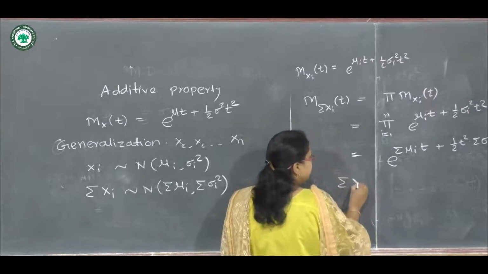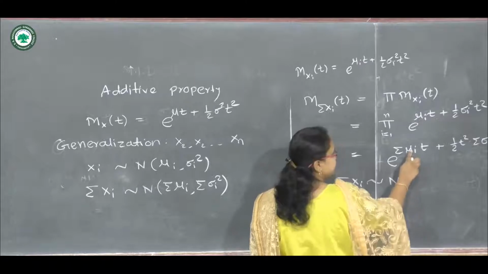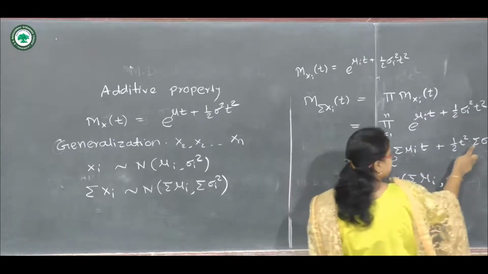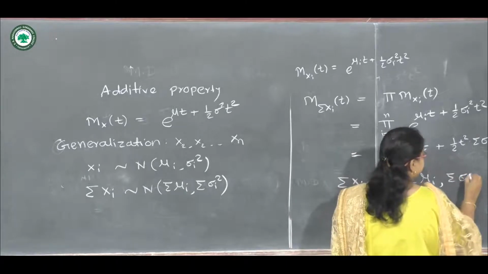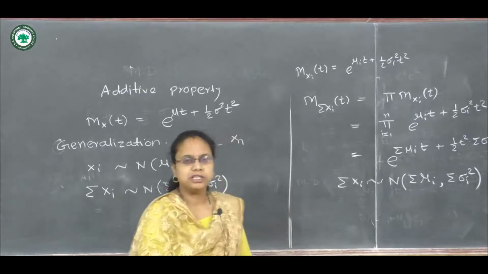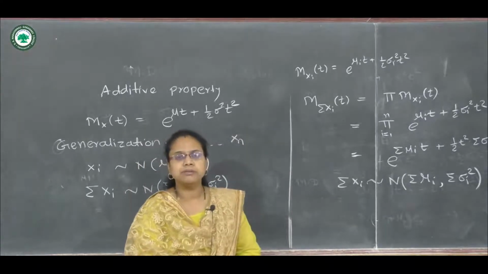So summation xi will follow normal distribution with the first parameter summation mu i, and the second parameter summation of sigma i square. So this is the generalization for the given property. We can write down some corollaries.